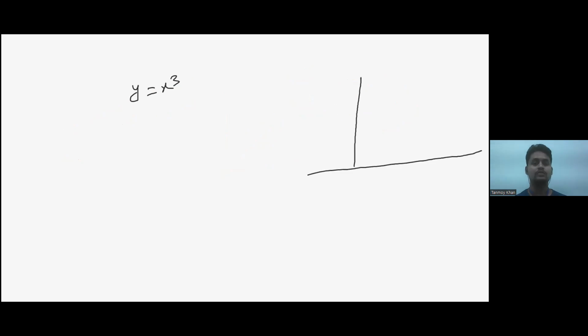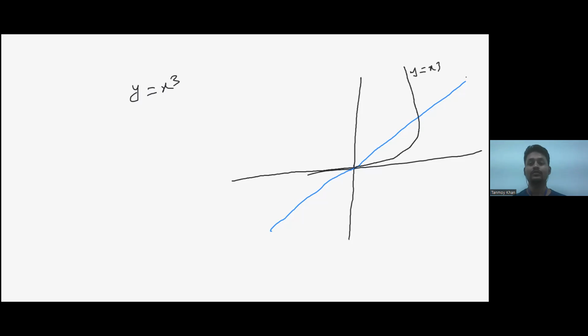What is y equals x cubed? Much lesser in this region, much more different.